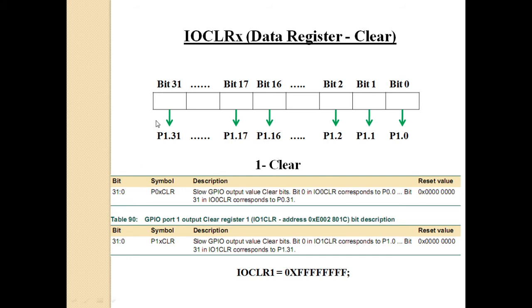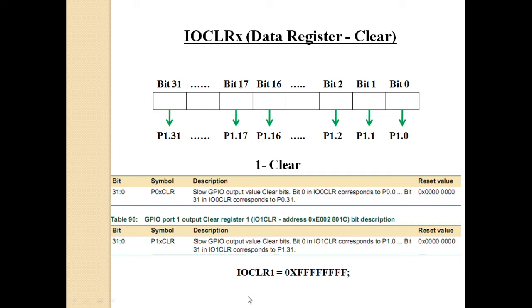But the registers are different. If you write 1 in the set register, that pin will be set; if you write 1 in the clear register, that pin will be cleared.